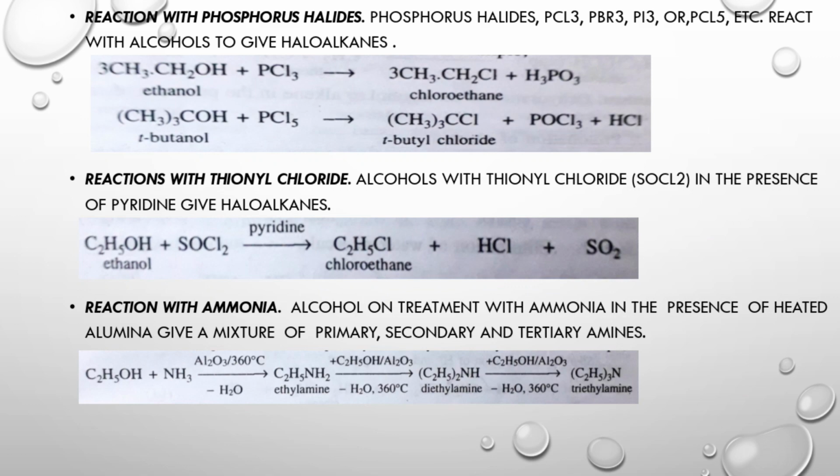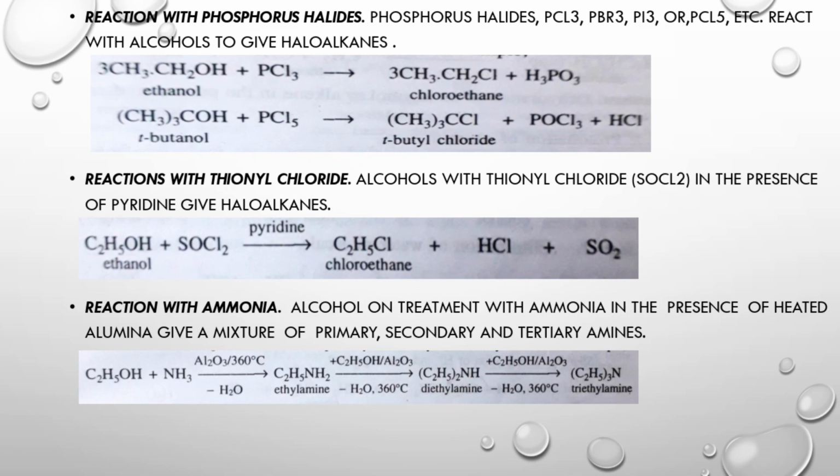And here, on treating with ammonia, it is converted into amine, that is, one functional group can be converted into another functional group in the presence of heated alumina, Al2O3.